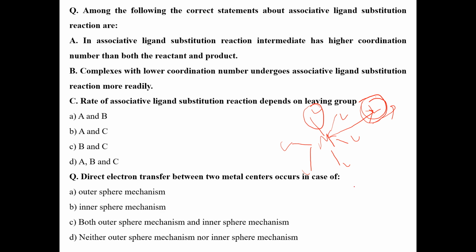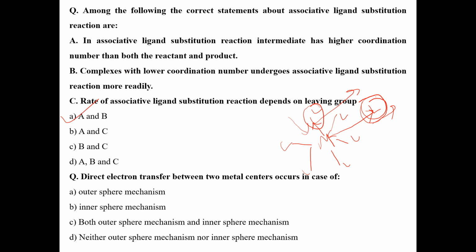In the case of dissociative mechanism, the bond strength will be less and the ligand will go outside, and the incoming ligand will easily occupy this space. So A and B will be the right answer.